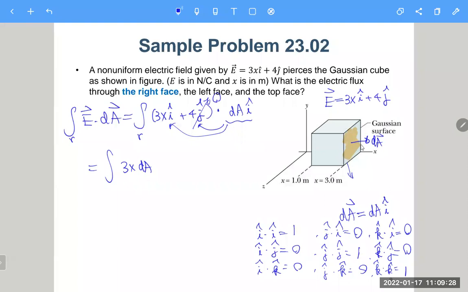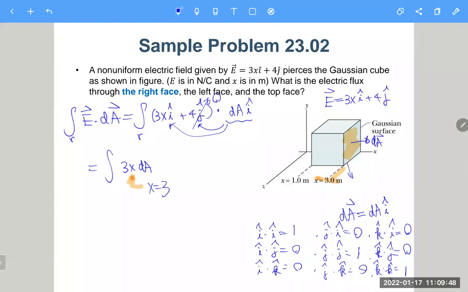For this surface, we have x to be 3 meters. x equals 3. Okay, so here we should have x to be 3.